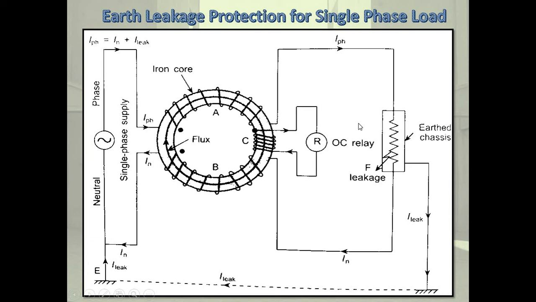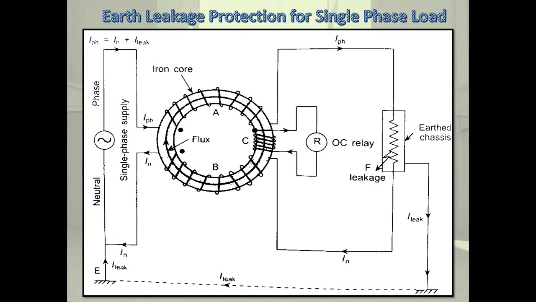In the figure, the earth leakage protection for single phase load, the system consists of a current transformer CT surrounding the live and neutral wires A and B with the same number of turns N. The third coil is C, called the pickup coil.